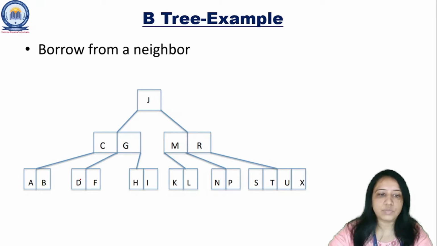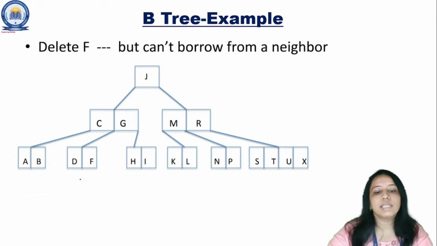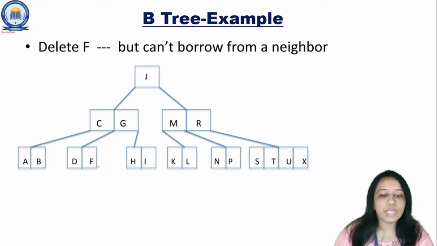The next is deleting the F. But the neighbor also has only 2 keys, so you cannot borrow from it. If you cannot borrow, you need to combine.